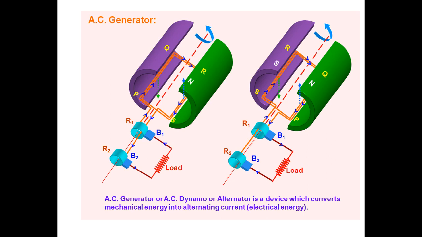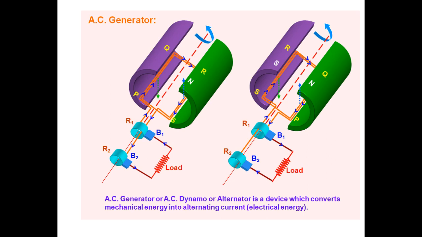During each half rotation of the coil, the EMF increases from 0 to maximum, and then decreases gradually from maximum to minimum. The current is also found to vary in the same manner, and the output is taken across the brushes.